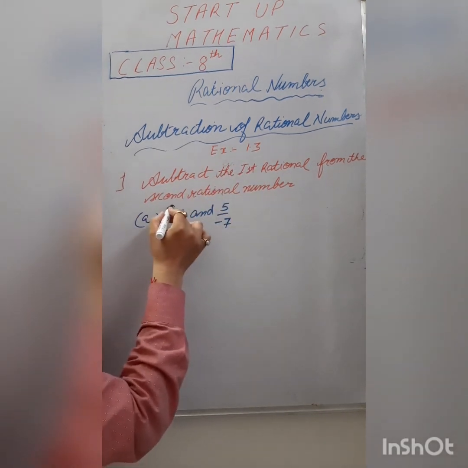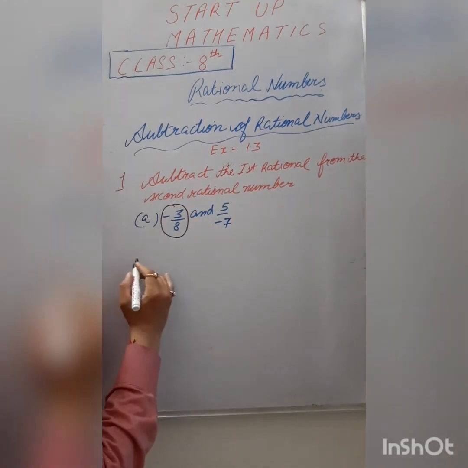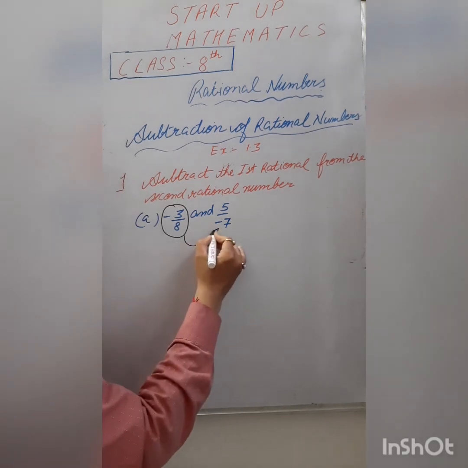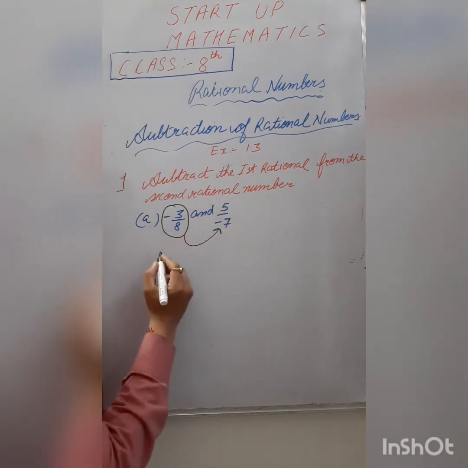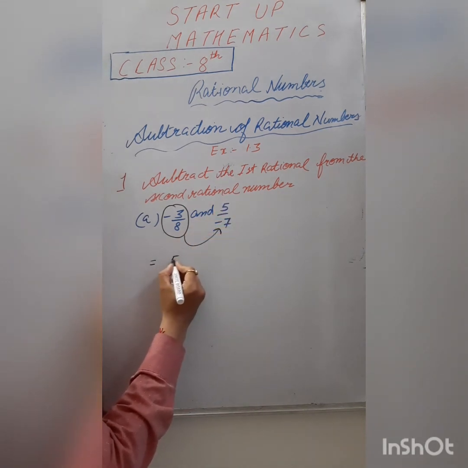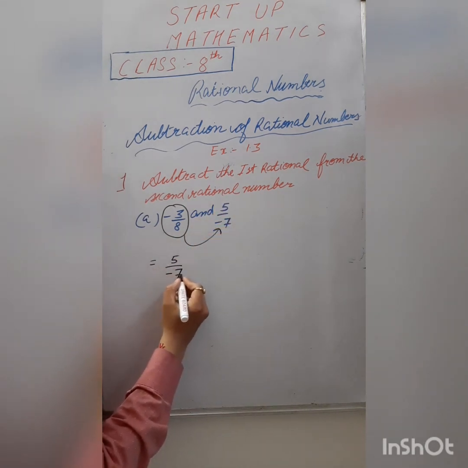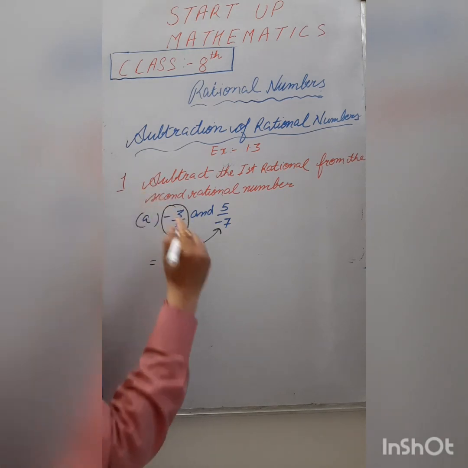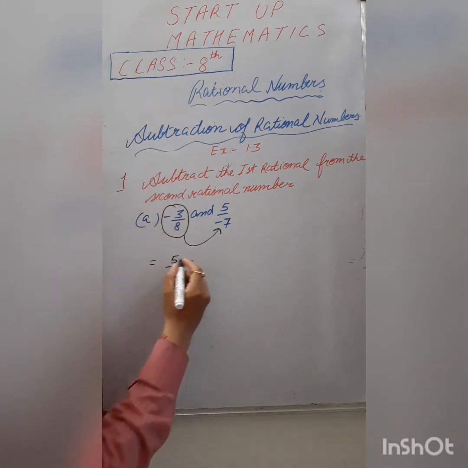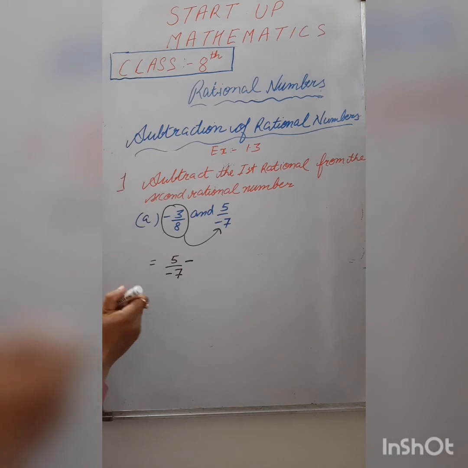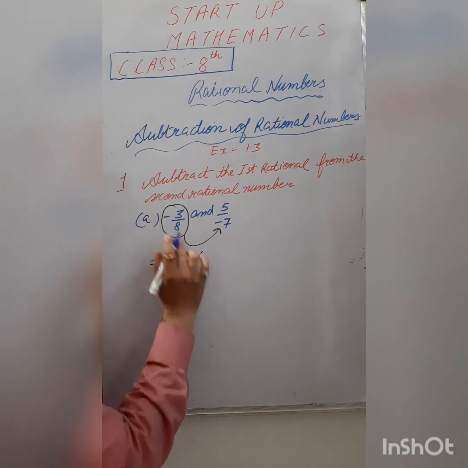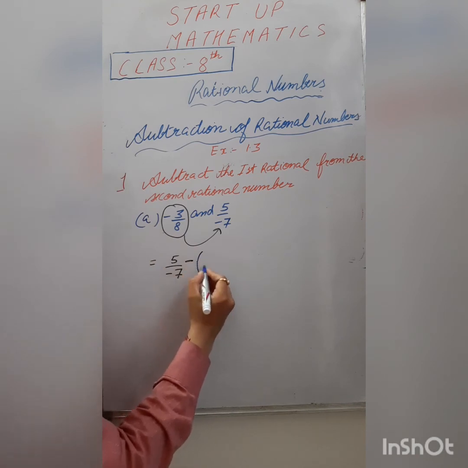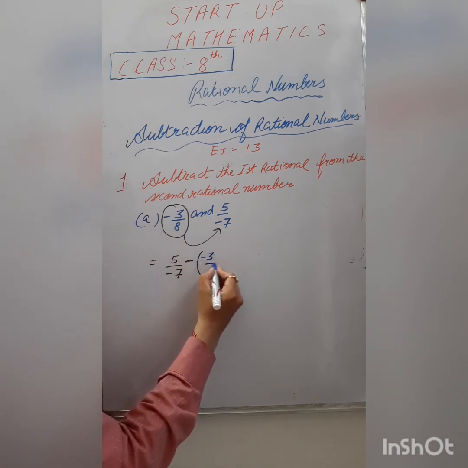We have to subtract this rational number, that is minus 3 by 8, from 5 upon minus 7. So I will write first 5 upon minus 7 and then the subtract sign, and the second rational number, I can write this whole in the bracket, minus 3 upon 8.